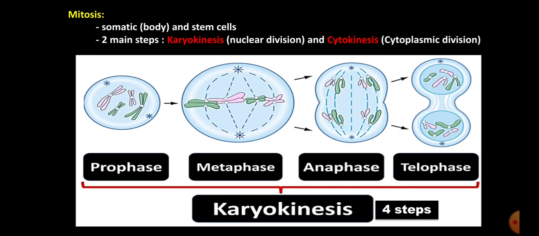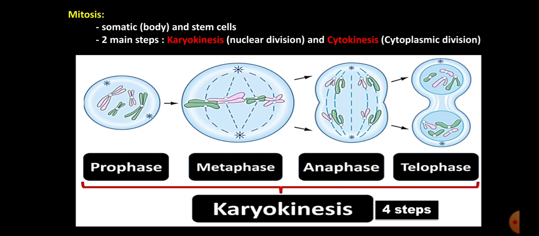Now here in anaphase, you can see that the chromosomes have divided into their sister chromatids, or you can say they have split into half, right? But as one chromosome is made up of two sister chromatids and each sister chromatid moves to the opposite pole of the cell, thus the number of chromosomes remains the same.